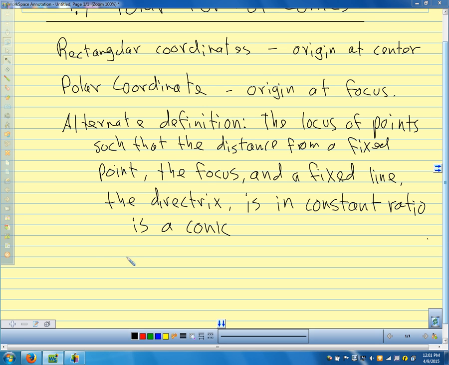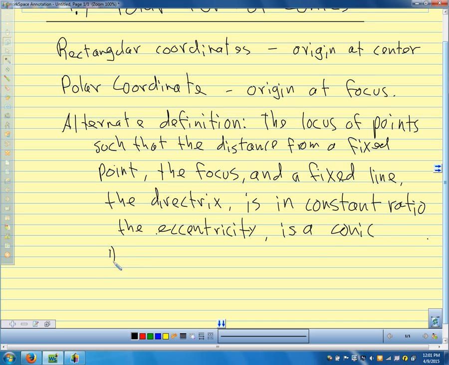And the way we tell which one is which, we have three. We'll just talk about three in this section. If it is a constant ratio, and that ratio is the eccentricity. So the eccentricity is the ratio that is going to give us a conic. And we have three.